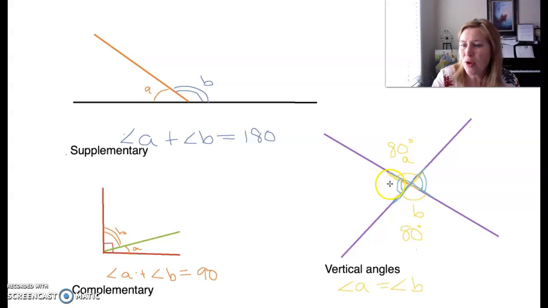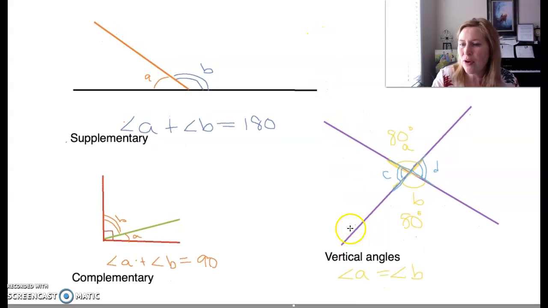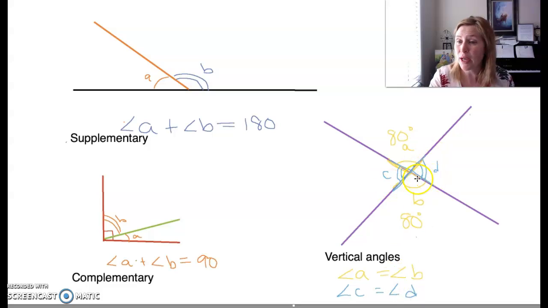Maybe we'll call this one angle C and angle D. I wonder if any of you could pause the video and figure out what the value of angle C and angle D is, because they're equal. These two are equal, but we can find out their values just from this information.